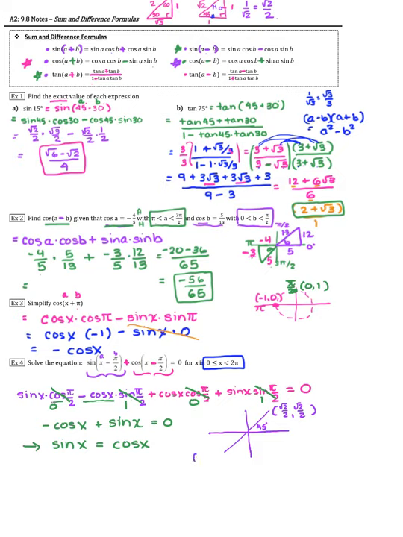And then you should see a coordinate like this. And that one occurs at, actually I should probably put this in radians, so that's pi over 4. This one is going to be at 5 pi over 4. Since that's where sine and cosine are equal, that's going to be your solution. So x equals pi over 4 and 5 pi over 4.